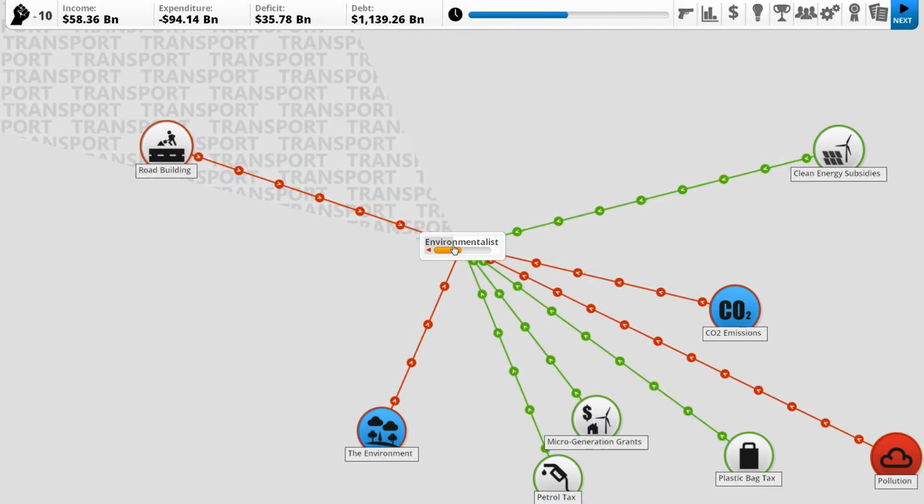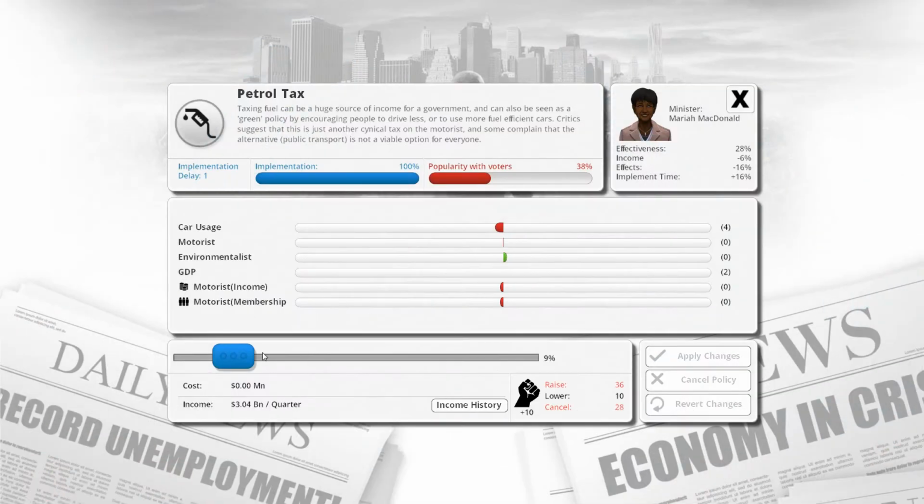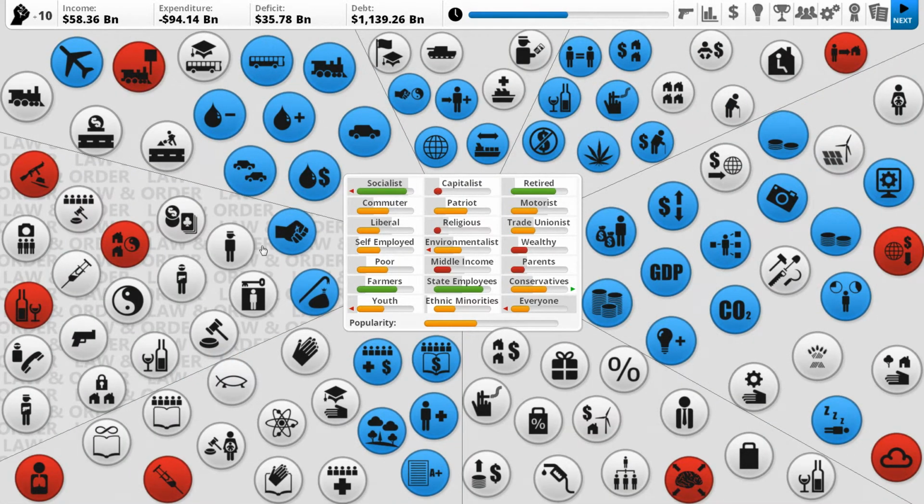Okay. We still have a massive deficit. Let's raise petrol tax. That's going to lower the GDP again. It's going to piss off motorists too. Plus, we just don't have enough capital to raise that.